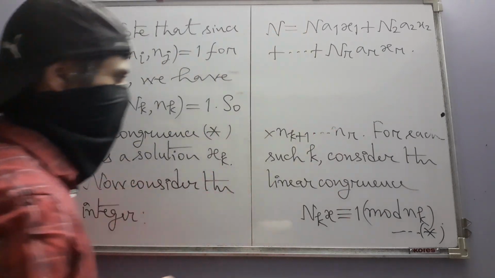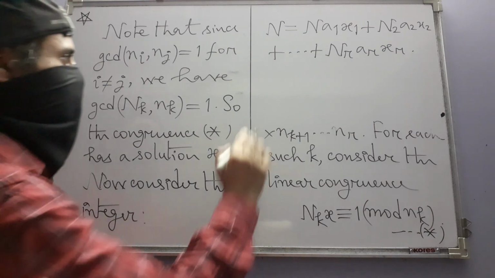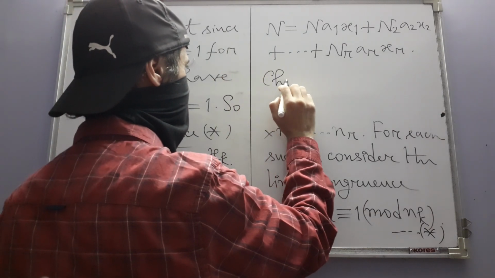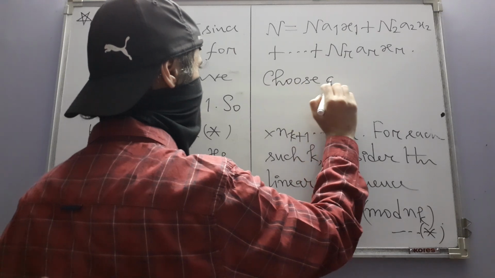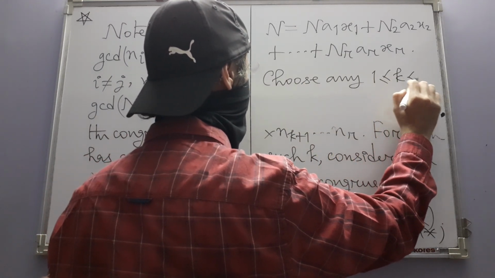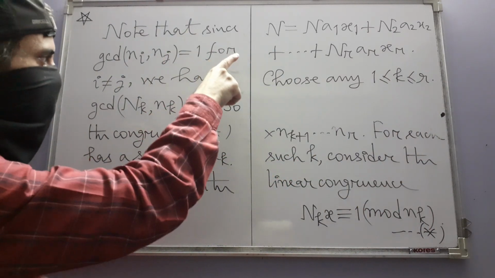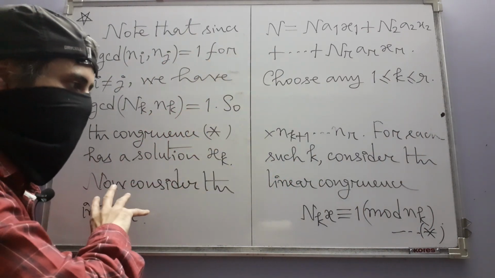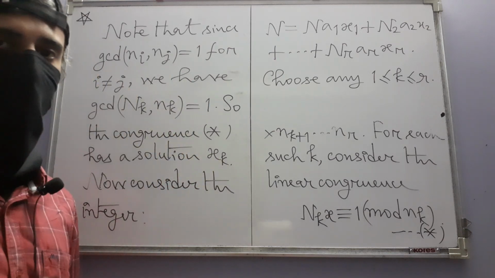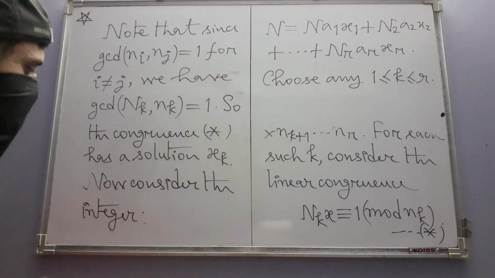Is it the sought after solution? Let's try to think of it. Choose any k in this range. We will now try to see if this capital N will satisfy our original congruence, which was the kth congruence. And what was that?